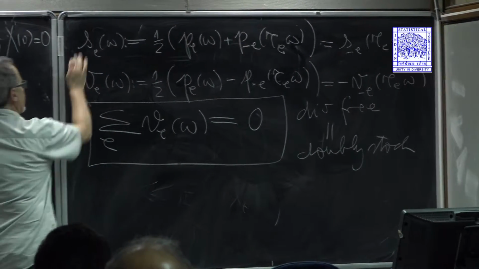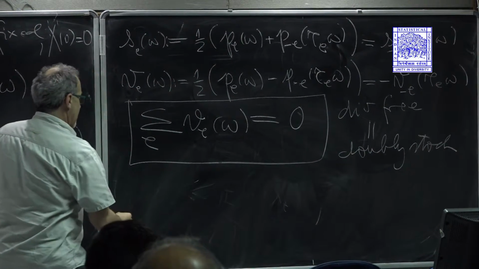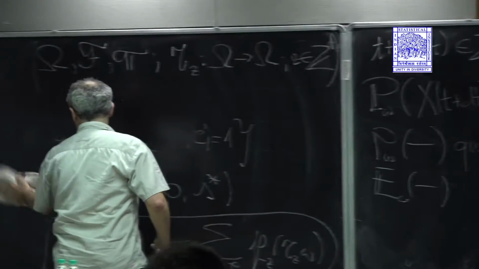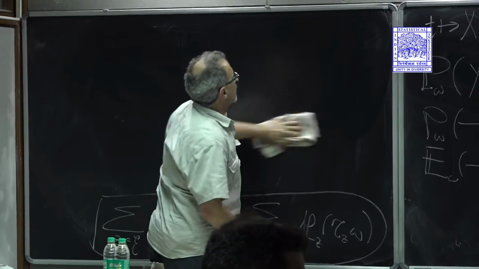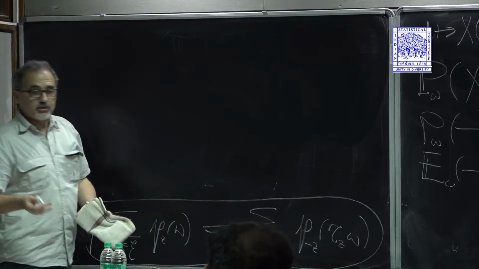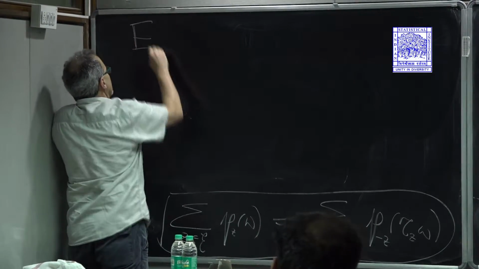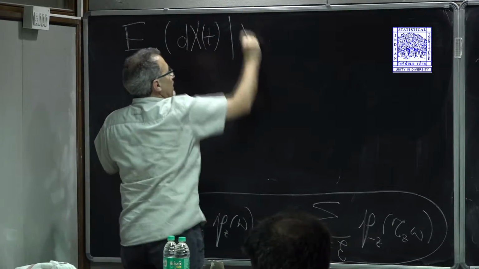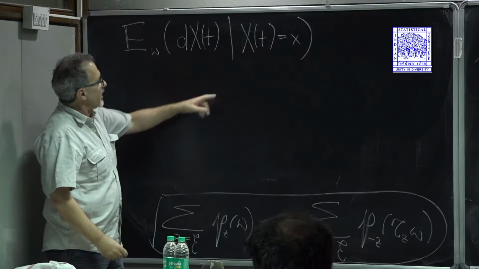Before going on, I still define some things here. Let me erase that. And let me compute the conditional, locally instantaneous drift. I compute the expectation of dX_t, conditioned on X_t being at x. So assume that you are at x.